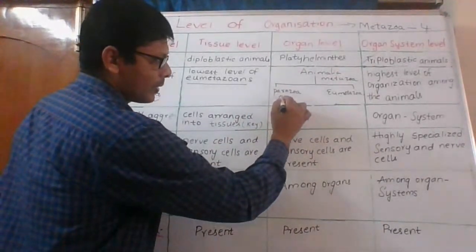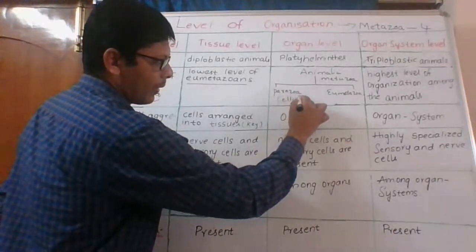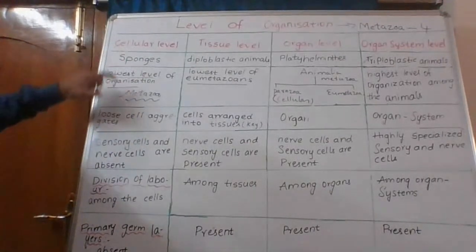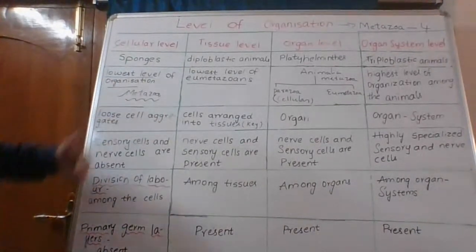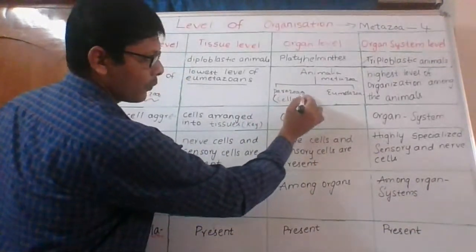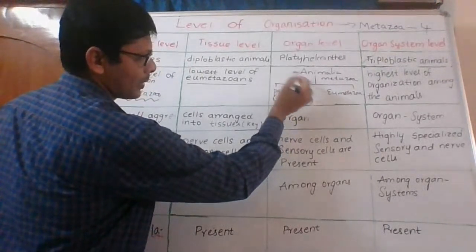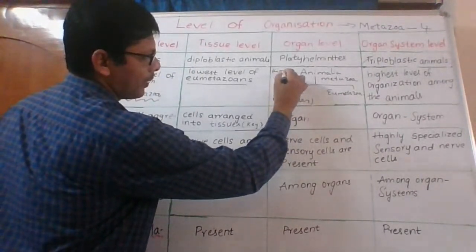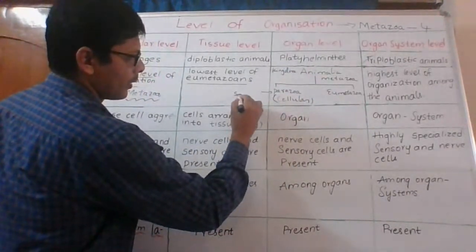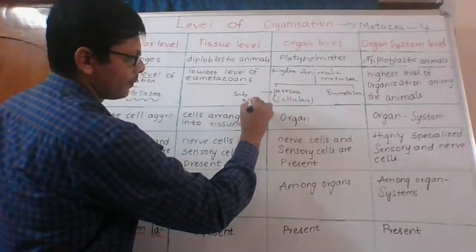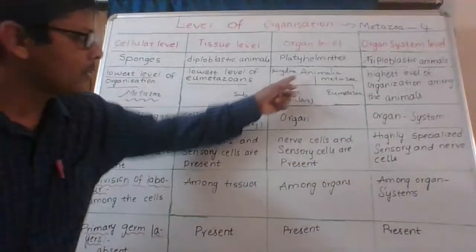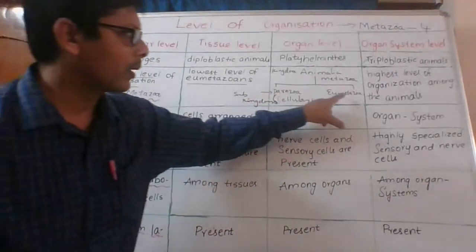These parazoans exhibit the cellular level of organization. These two are the subkingdoms, and this is the kingdom. Kingdom Animalia has two subkingdoms, parazoa and eumetazoa.